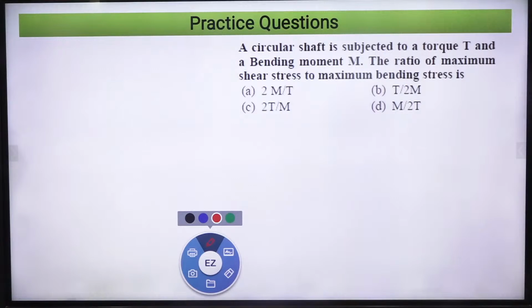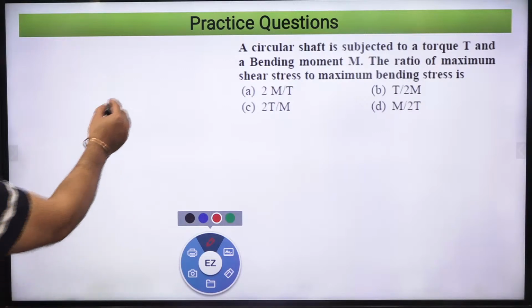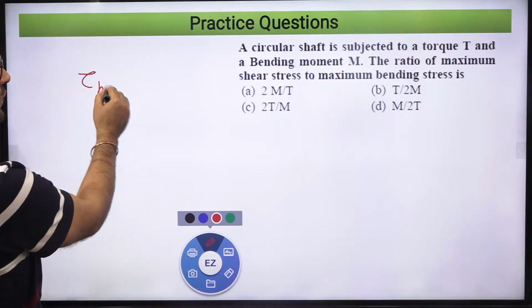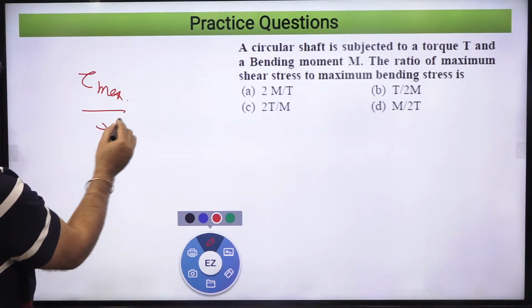Okay, a circular shaft is subject to a torque T and the bending moment. I think this is straightforward. You must be able to answer this. Almost straightforward. The ratio of maximum shear stress to the maximum bending moment. Again, the same thing. Maximum shear stress to maximum bending stress.